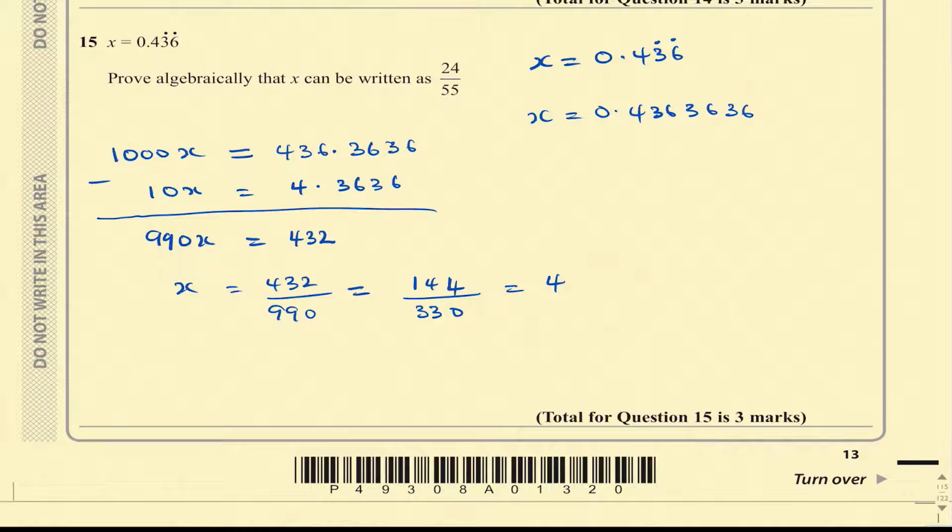I'm left with 2. 3 in 24 is 8, so I get 8. The denominator will be 1, 1, 0. Now I need to use 2 divided by 2. 2 in 48 will be 24, and 2 in 110 will be 55. No more, nothing is divisible anymore, so that's my answer.